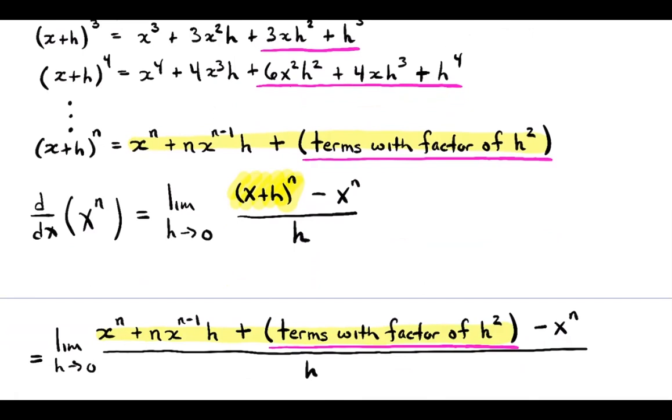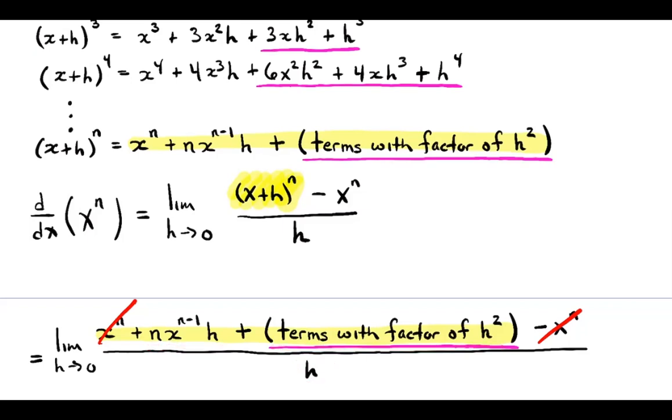Now we can start seeing some of the usual cancellations. This x to the n shows up once with a plus sign and once with a minus sign, right? And once those terms are gone, those are the only two terms with no h's in them. This term has exactly one h. These terms all have at least two. So you can factor h out of that whole expression and cancel it, so we can use our direct substitution principle.